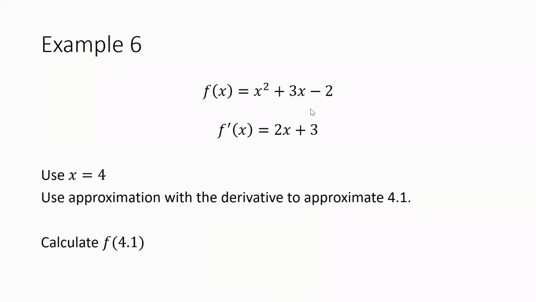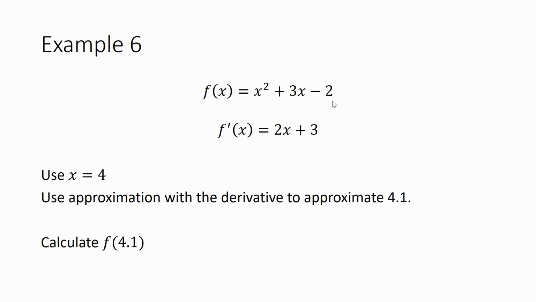I've said we get pretty good approximations of the derivative. Let's go ahead and calculate how good of an approximation we could get. We're going to utilize f of x equals x squared plus 3x minus 2.